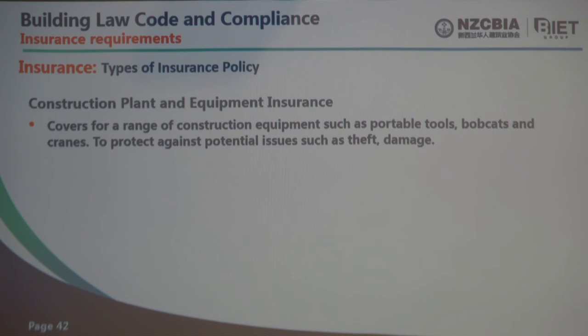So the piece of plant is not covered by the contract. That's your piece of plant. It's not under the contract. And so construction and plant equipment insurance is a requirement. Sometimes this will be included as an extension if you take out an all risks policy. Covers loss or use or resultant damage.